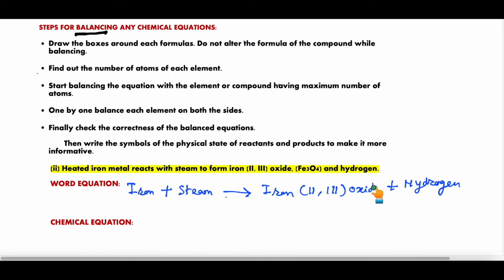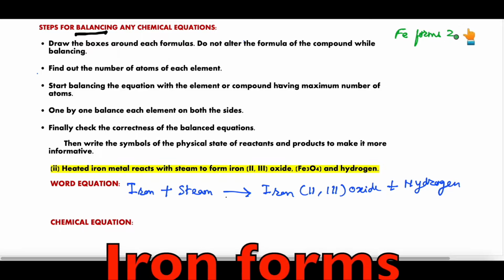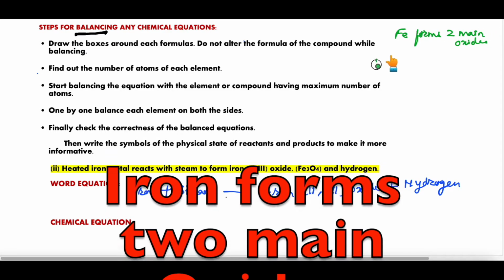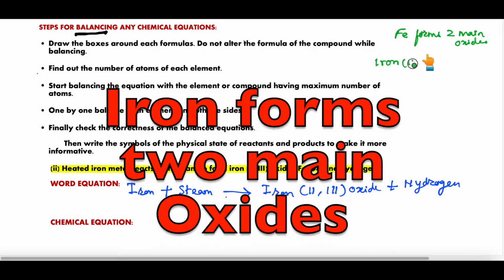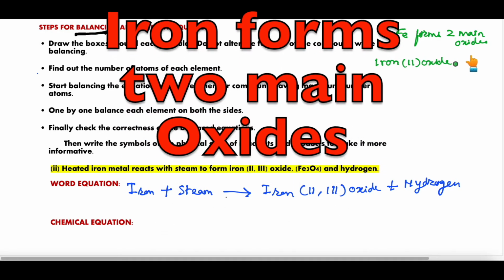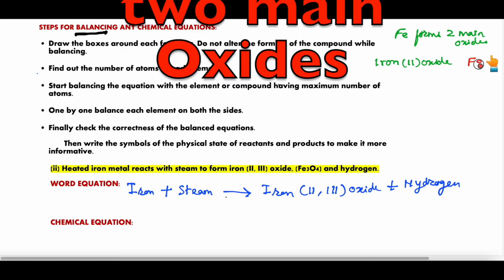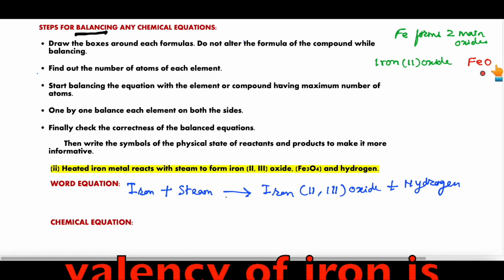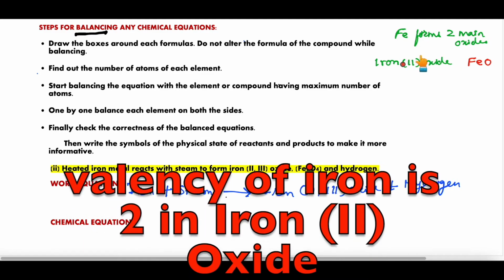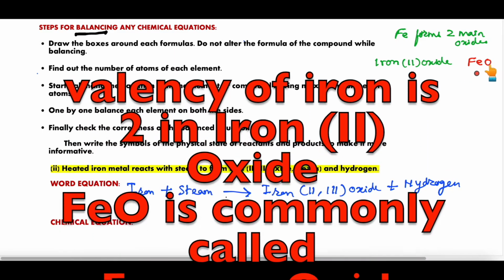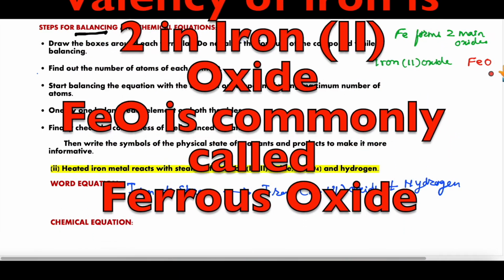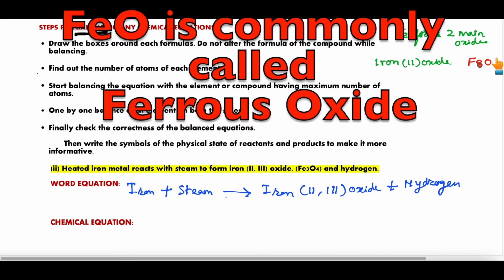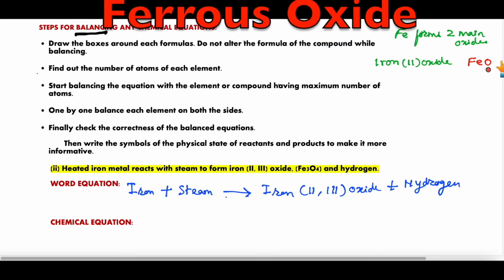Iron forms 2 main oxides. They are iron 2 oxide, which is written as FeO. This is called iron 2 oxide because the valency of iron in it is 2. So the common name of iron 2 oxide, FeO, is ferrous oxide.